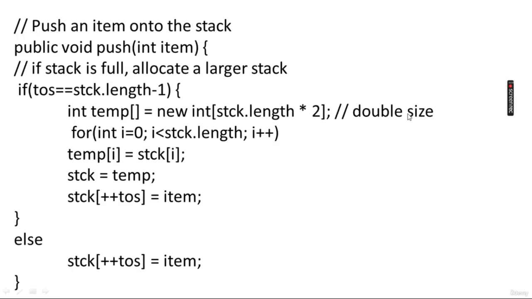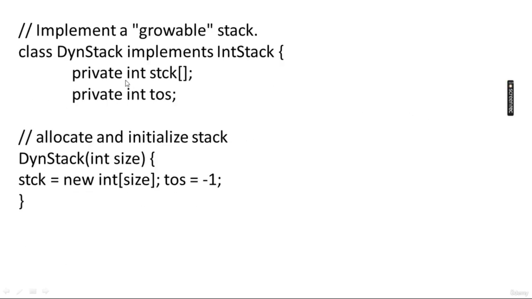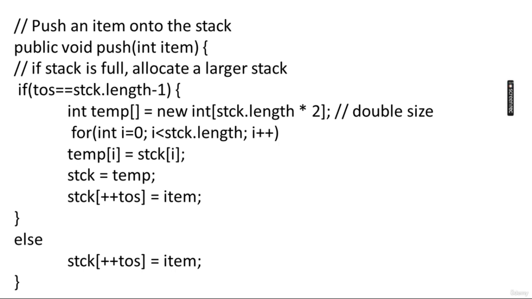Now, the same variables: a private integer stack array and top of stack, and in the dynamic stack constructor, the integer size. Size is the initial size of the stack. And top of stack is equal to -1. Now pushing the item. If top of stack is equal to stack.length - 1, that is, if the stack is full, what will I do?